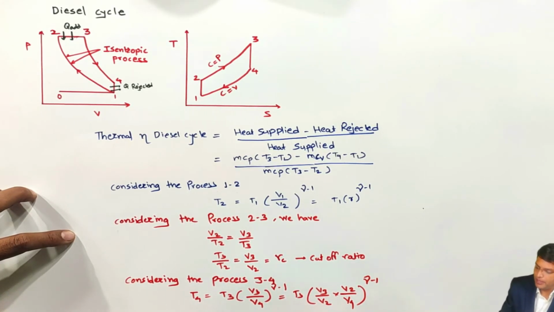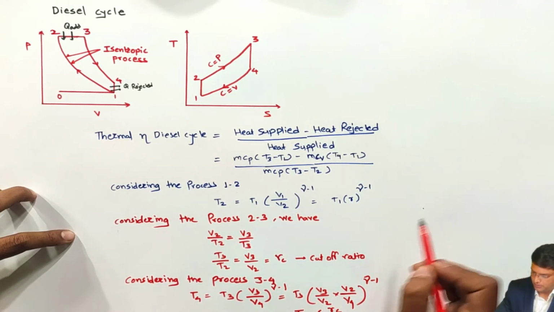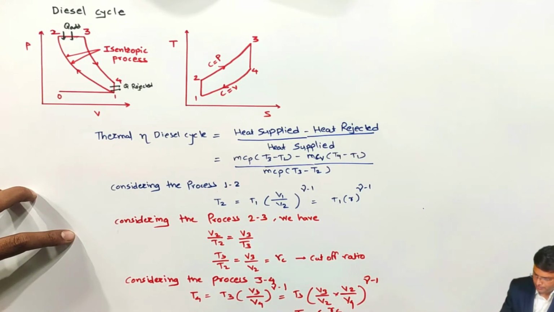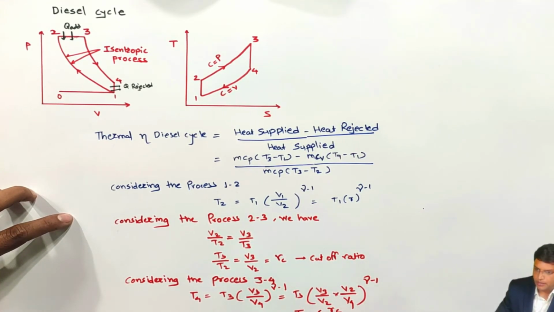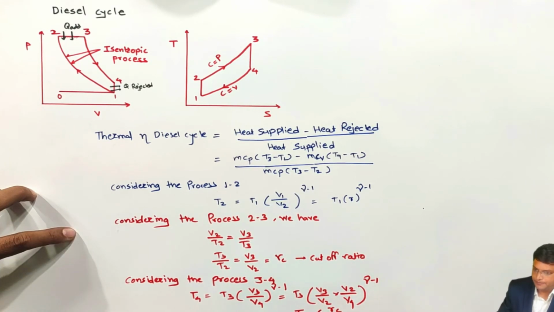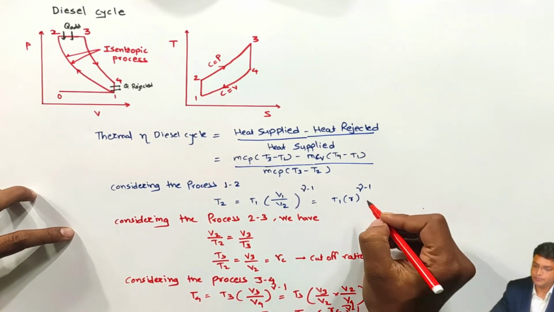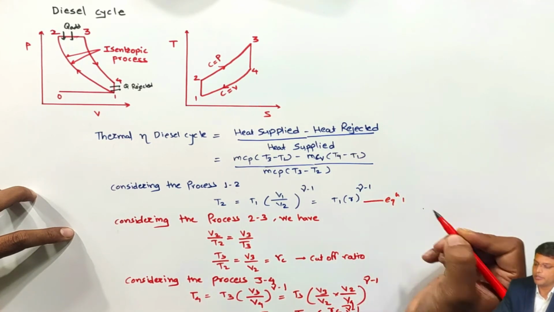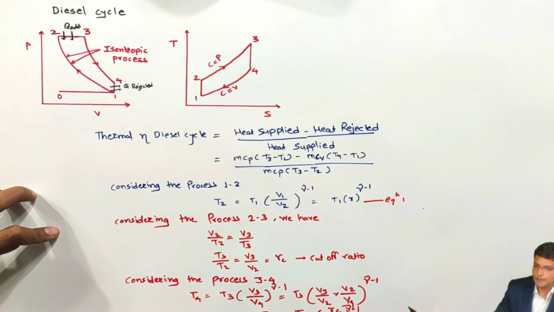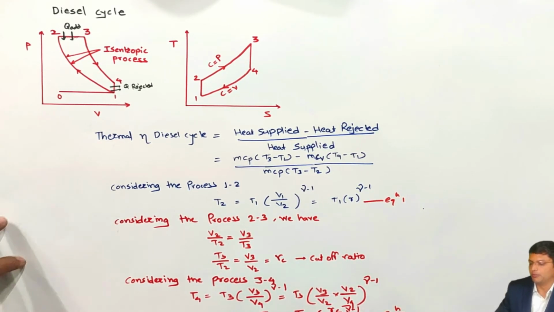Now this becomes T3 in bracket, cutoff ratio rc, we have derived it here, V3 upon V2, rc divided by r, raised to gamma minus 1. Now this is for T4. This is equation 1 and this is equation 2.